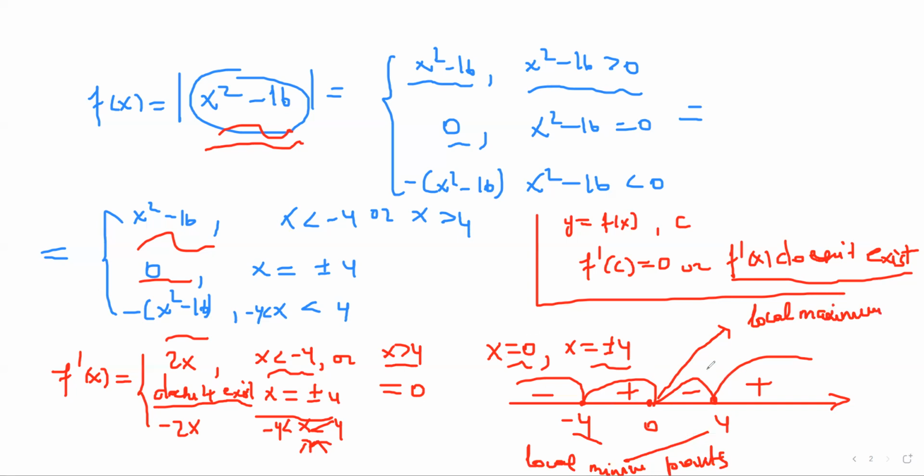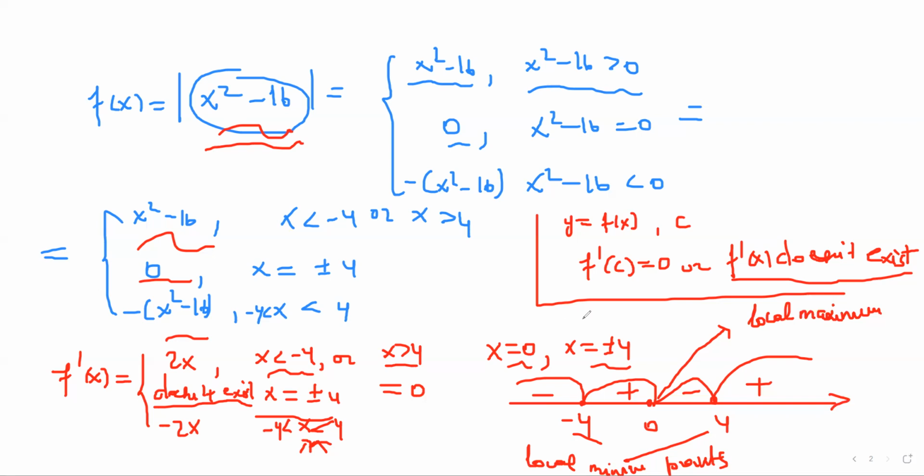We can finalize that the function f(x) equals absolute value of x squared minus 16 gets its local minimum points at -4 and 4, where the value is 0, and at point 0 it gets its local maximum point. Again, it is a local maximum point, not the global one.